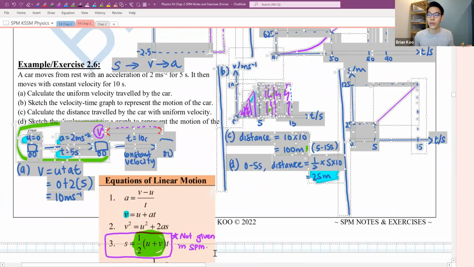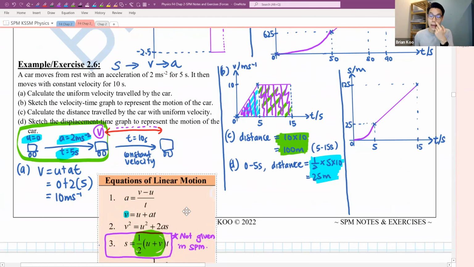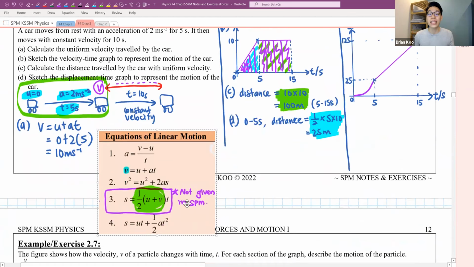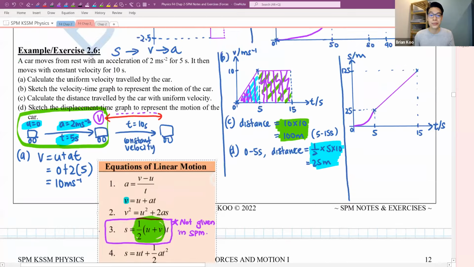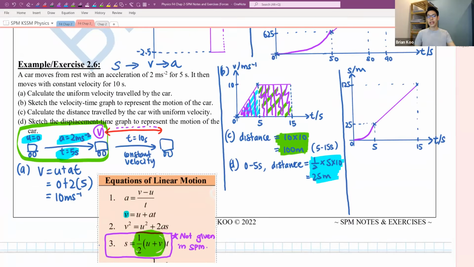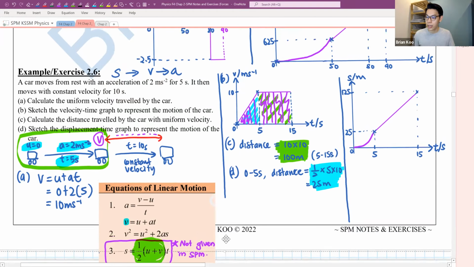Although we don't need to know how to draw a curve velocity, we need to know what it means. Okay, so that is going to be the last example for this topic 2.2. Everybody ready? I want to finish that up and then we can go on.